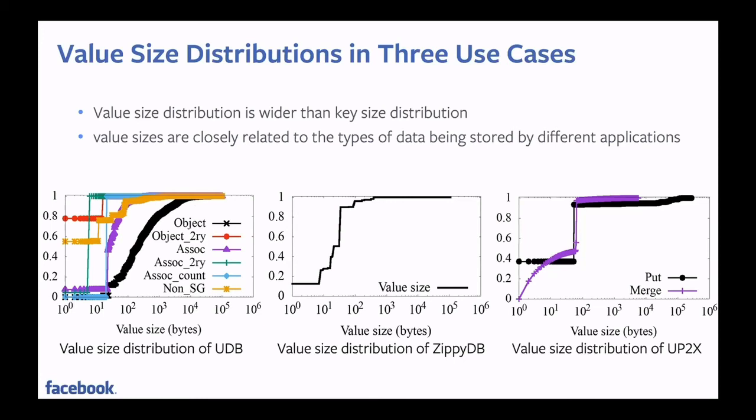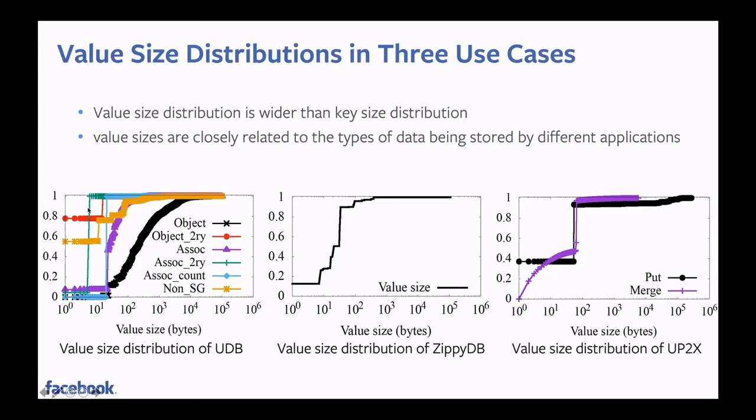But if it is very large, we just store the metadata and put the videos and photos in other storage. So we can see the long tail distribution, but also some fixed size lengths of the value.